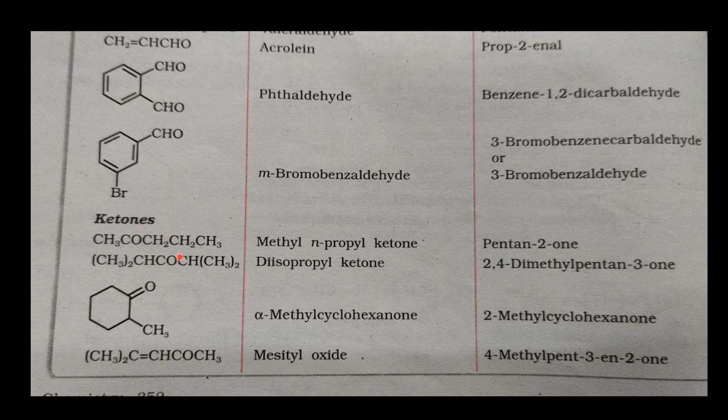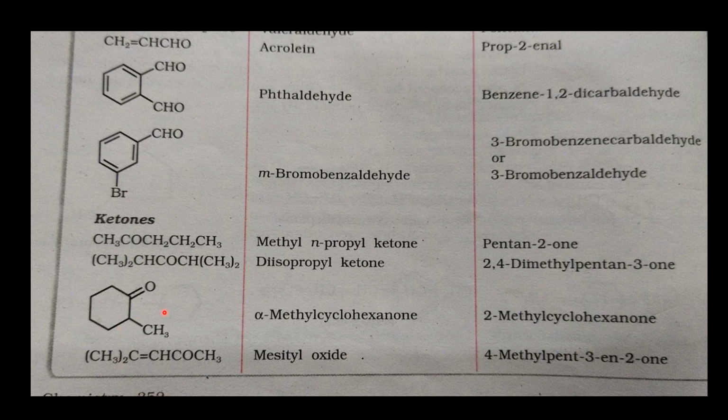Next one is ketones. CH3COCH2CH2CH3, methyl n-propyl ketone, which is pentan-2-one. (CH3)2CHCOCH(CH3)2, diisopropyl ketone, which is 2,4-dimethylpentan-3-one.